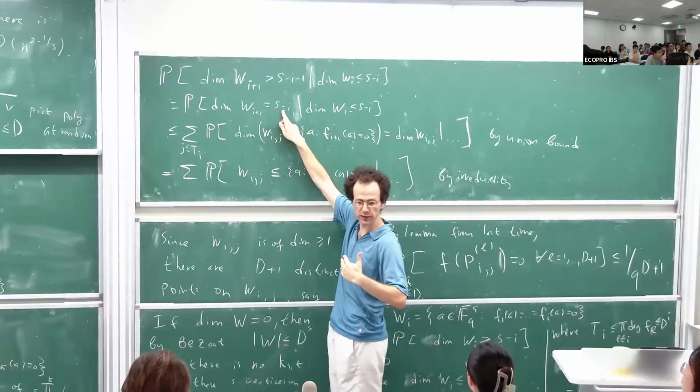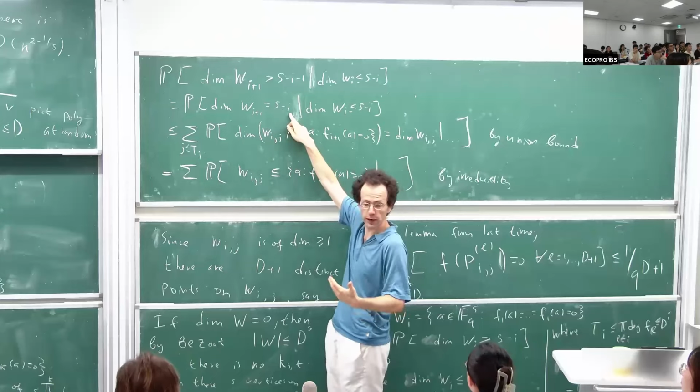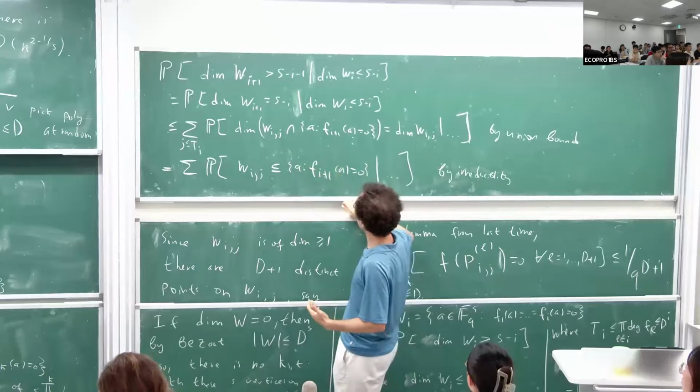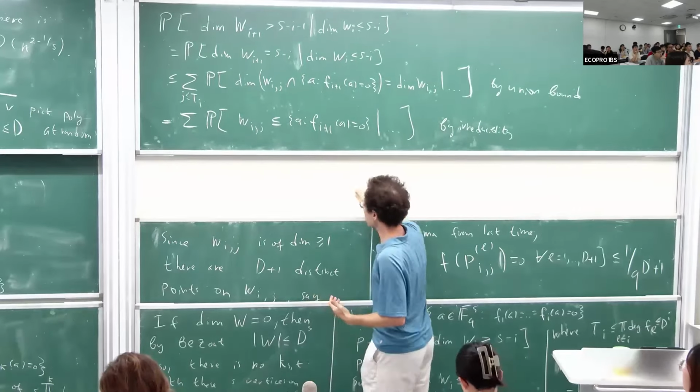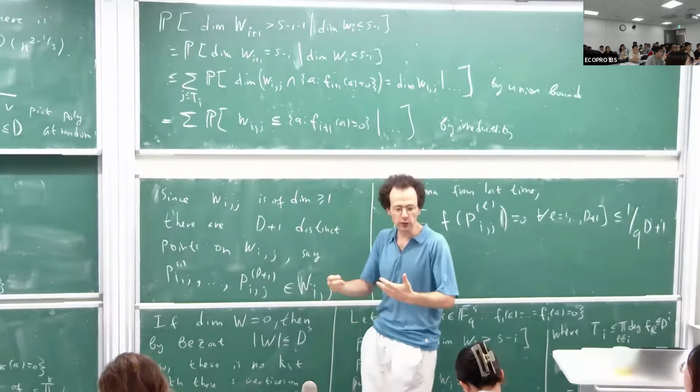I'm trying to estimate the probability that my dimension is going to be 1 or larger, so I'm only going to care about the components of dimension at least 1.